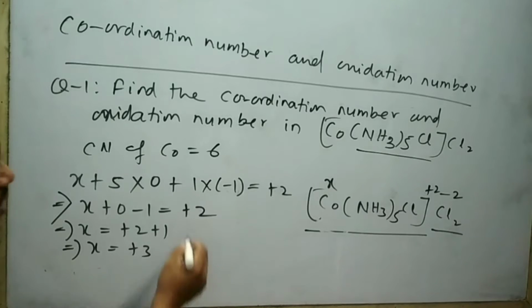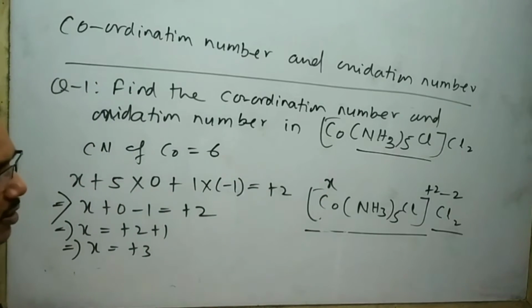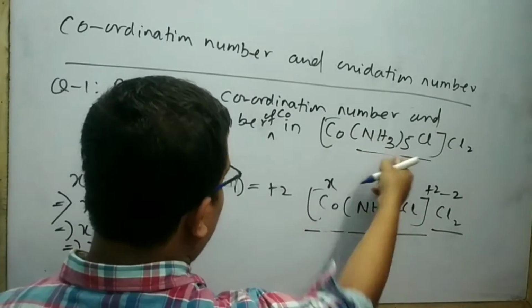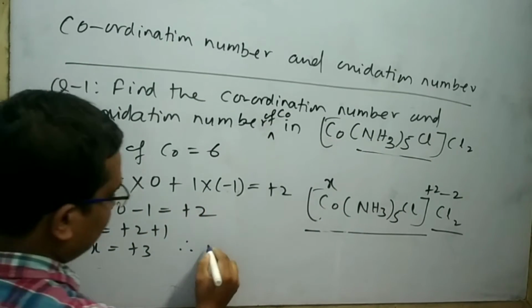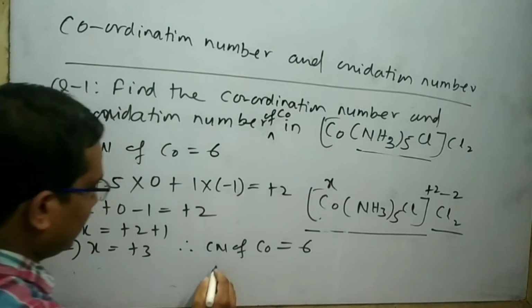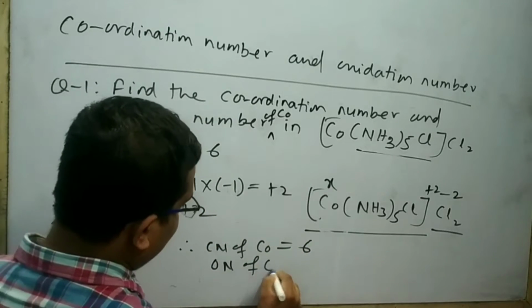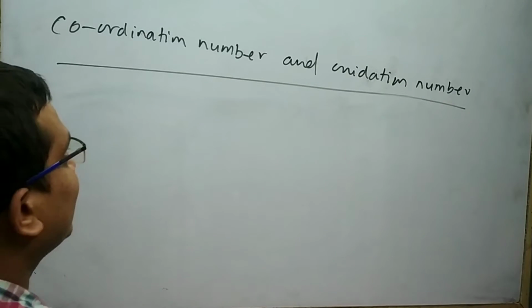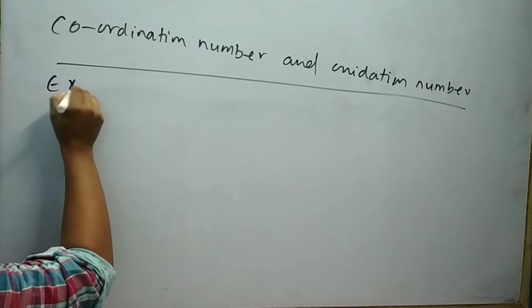In our question, find the coordination number and oxidation number of cobalt in this compound. So I can write coordination number of Co equals 6, oxidation number of Co equals plus 3. Next I will solve another question.